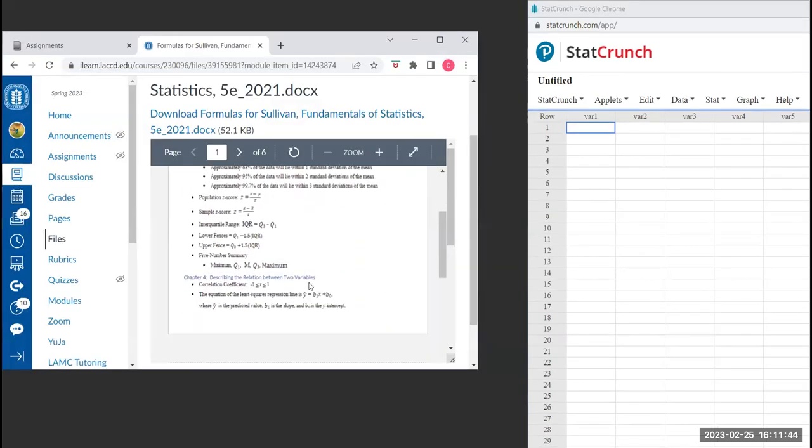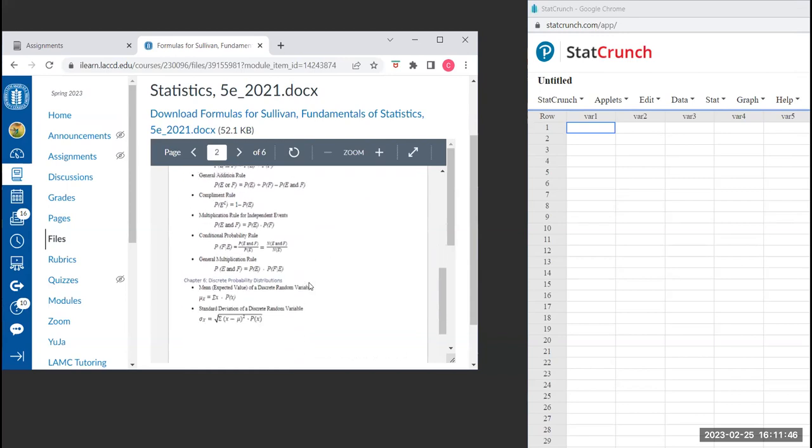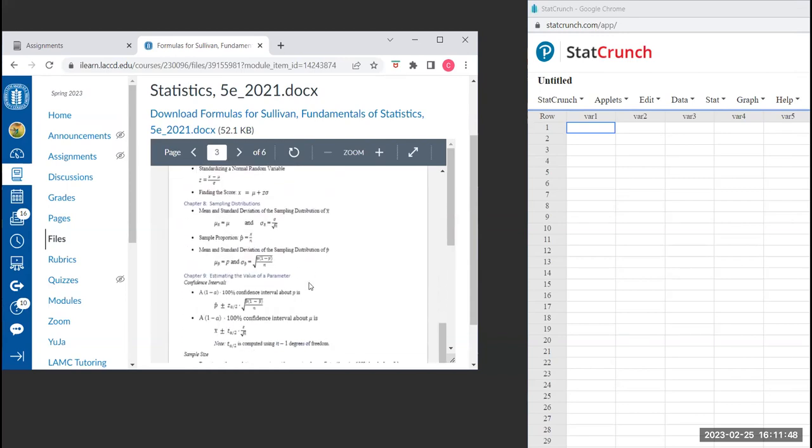So this is chapter 8. If I scroll down to chapter 8, I said to print this out, it's easier for you. All right, so here's the mean and standard deviation for sampling distributions for quantitative data, when you're taking measurements.